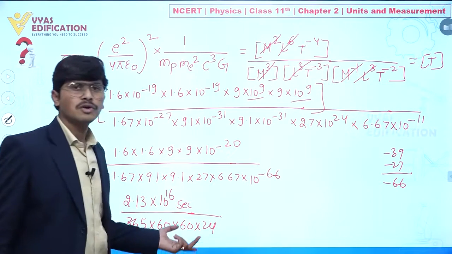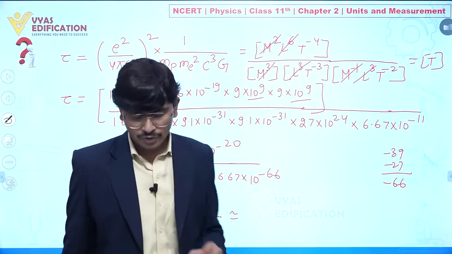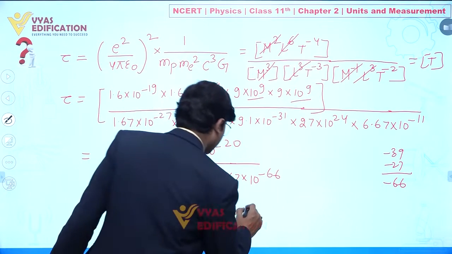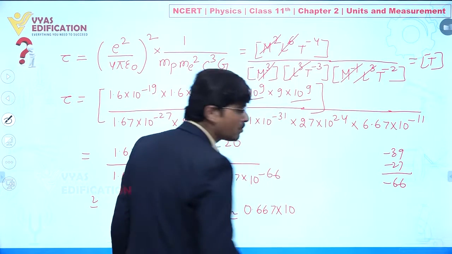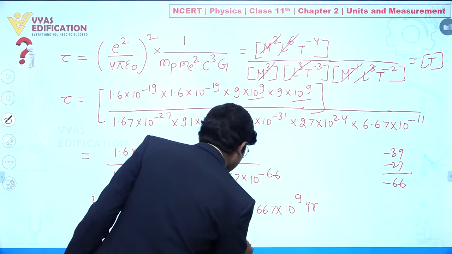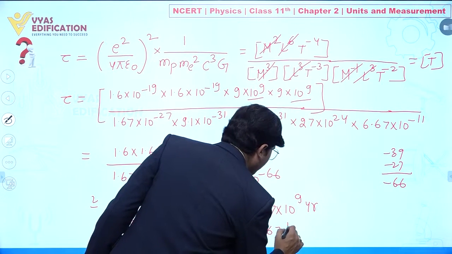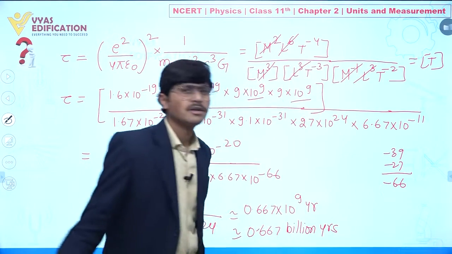Yes or no? So if you convert it, then you will find, I am directly writing the answer here. This answer you will find is 0.667 into 10 to the power 9 years. Clear? Or you can say this is equal to 0.667 billion years.